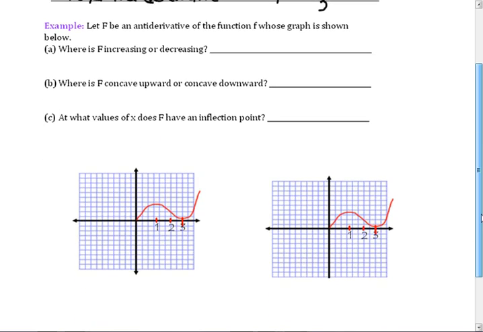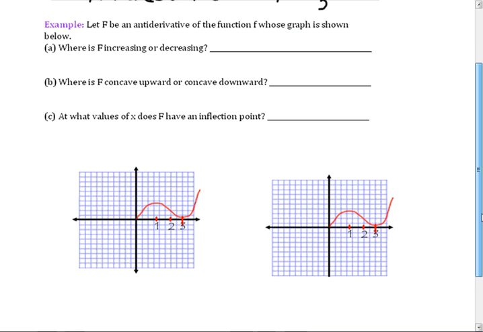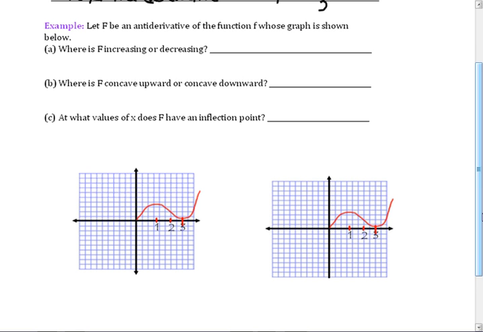So one last test to do is to take these graphs here. Let F be an antiderivative of the function little f whose graph is shown. Okay, F is the antiderivative of this function. That means that F prime of x is equal to what? Little f of x.